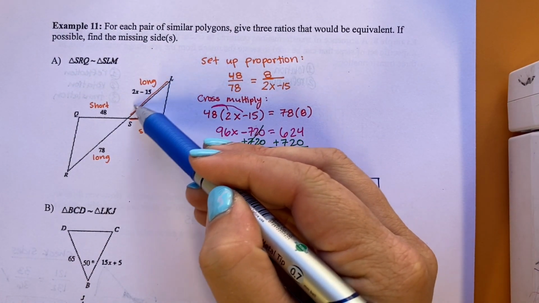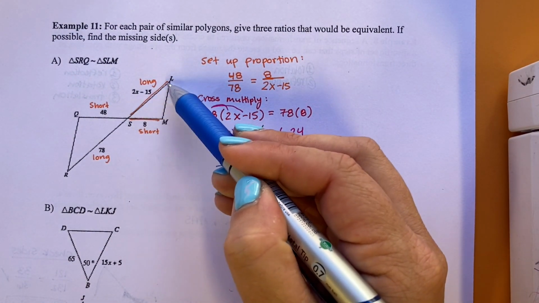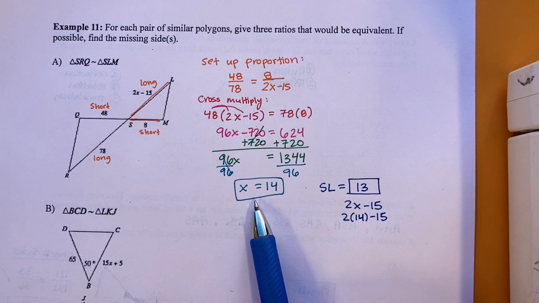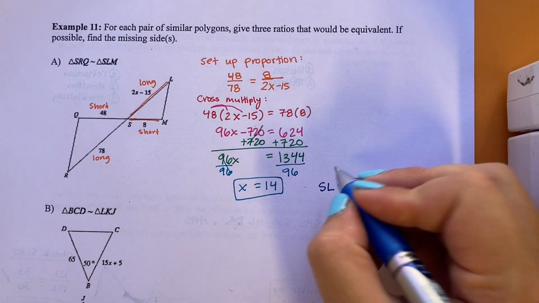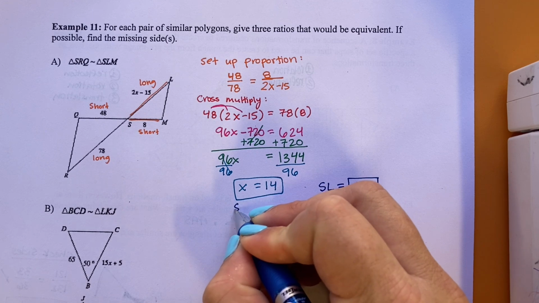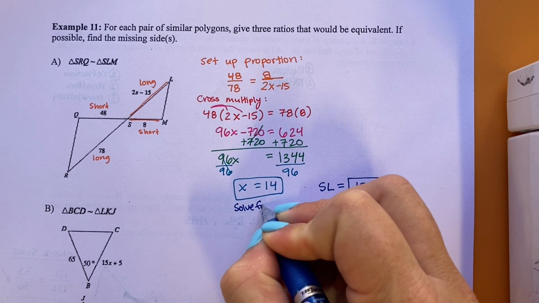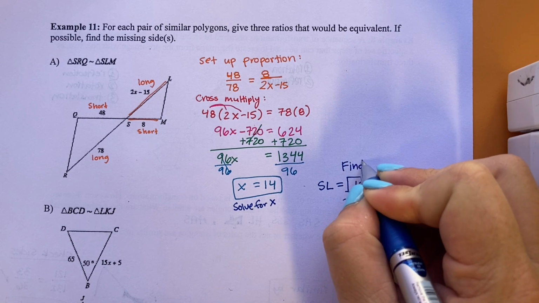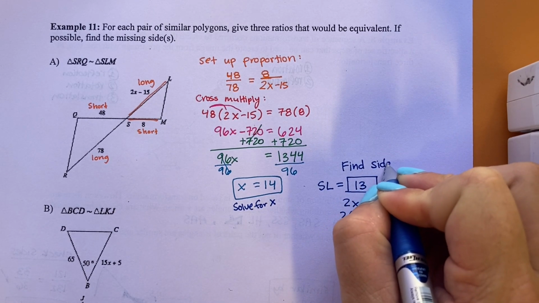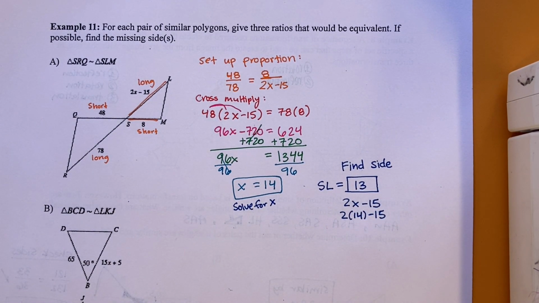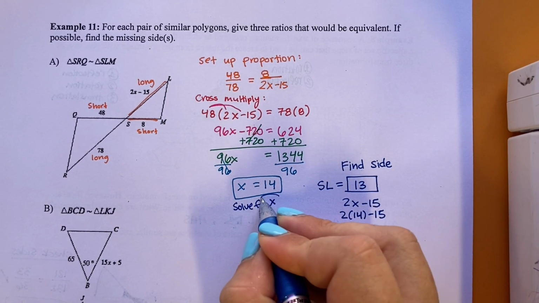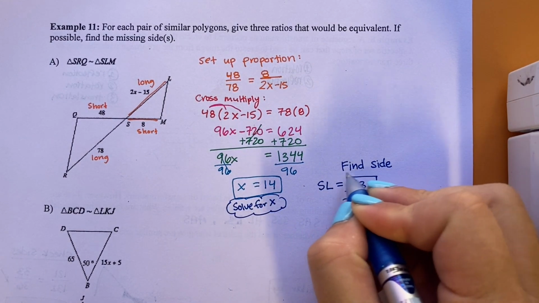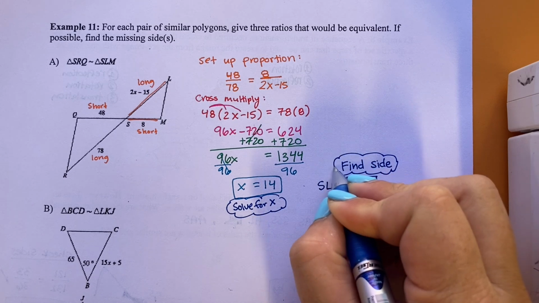This length is a 13 right here. So be careful if they're asking for x or if they want you to find a side. Solve for x, find a side. So just be careful for what they're asking for.